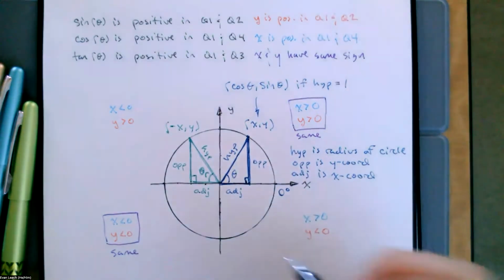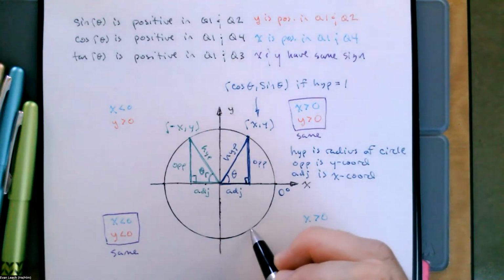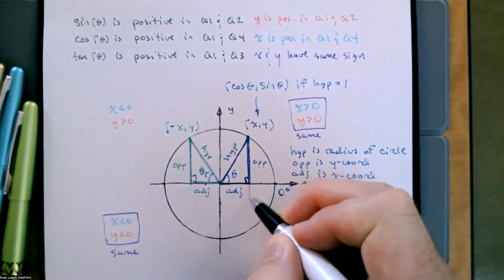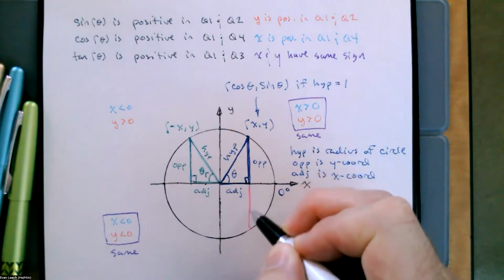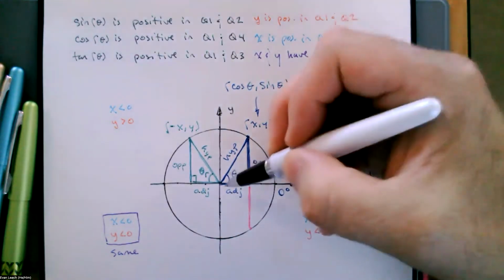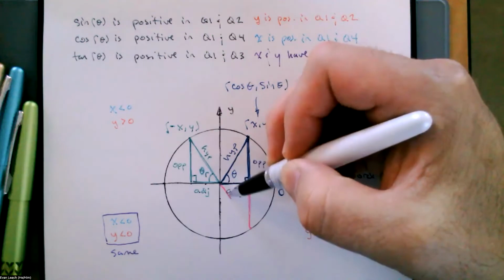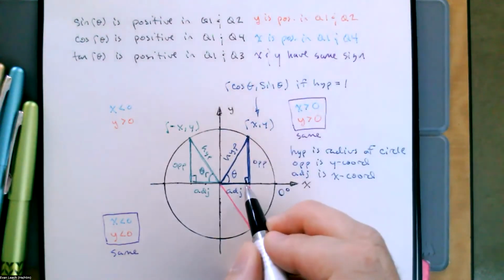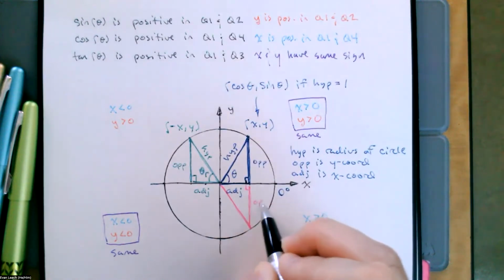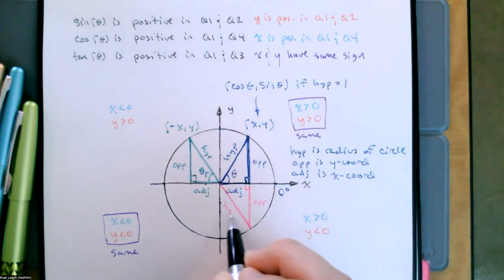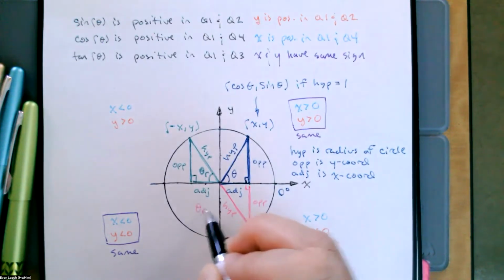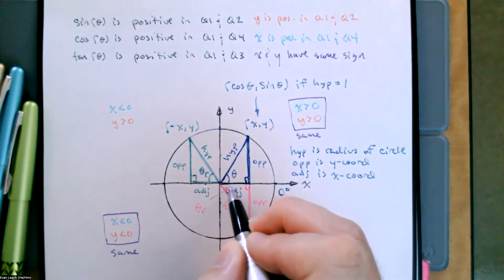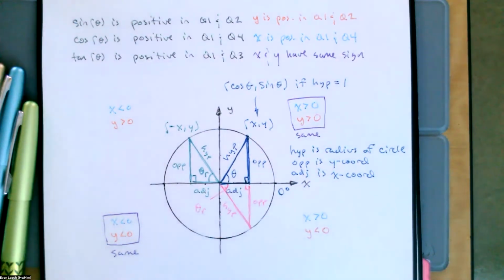So if I drop this down into the fourth quadrant, we see that the x is positive and the y is negative.